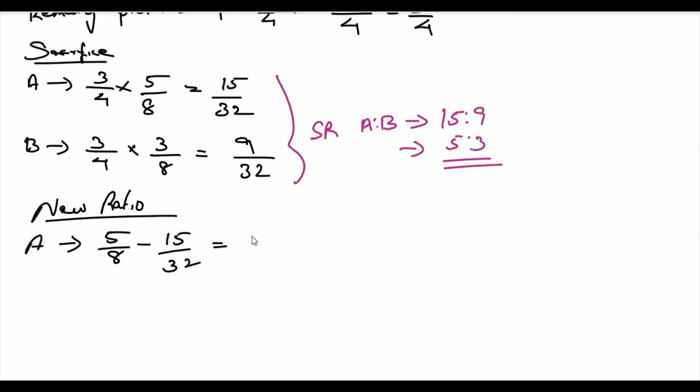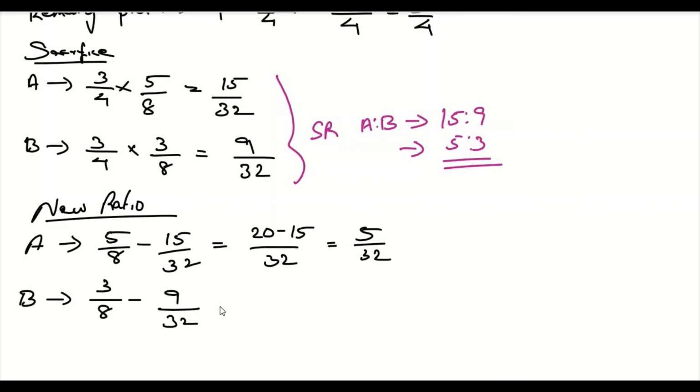That will give you 20 minus 15 by 32, which is equal to 5 by 32. Then we have B. B's original share is 3 by 8 minus his sacrifice 9 by 32, which will give you 12 minus 9 by 32. That is equal to 3 by 32.